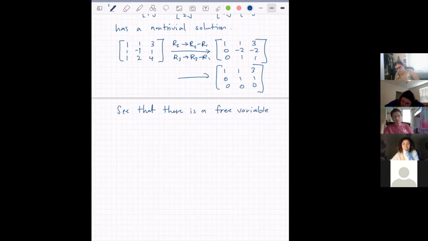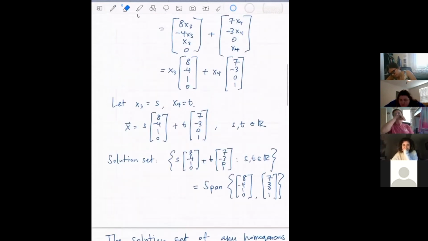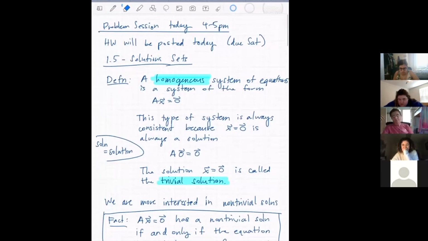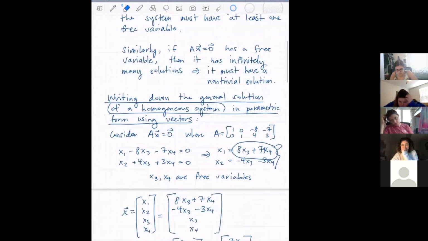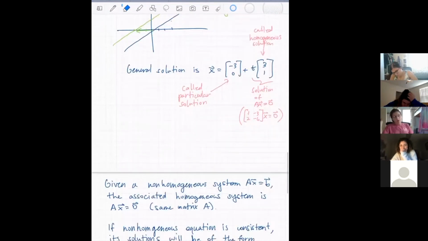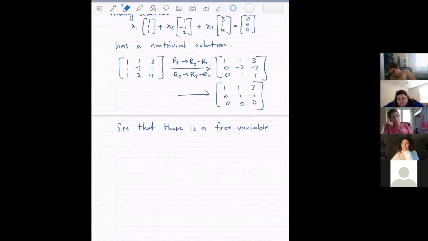Okay, and what that means is that we have a non-trivial solution. And this is that fact that we had way at the beginning. So I'll scroll all the way back. This was like the first thing that we talked about here. This homogeneous system has a non-trivial solution if and only if the equation has at least one free variable. So I'm using that fact, right? In this example, we row reduced, saw that we have a free variable. That means that we have a non-trivial solution.